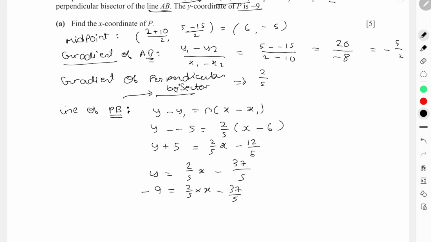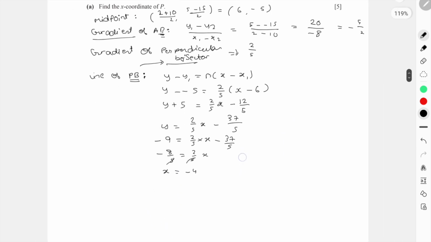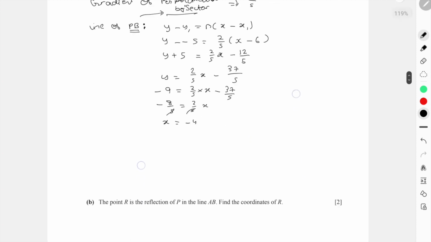So let's do this. Minus 9 plus this, we get minus 8 by 5 equals 2 divided by 5 x. We can cancel out the 5's and then divide by 2, and that's minus 4. So the x coordinate of P is minus 4.